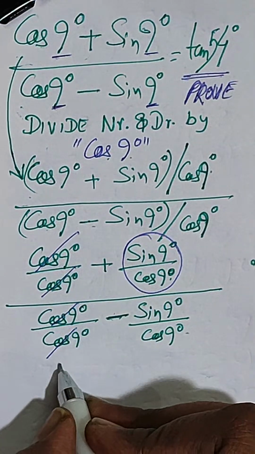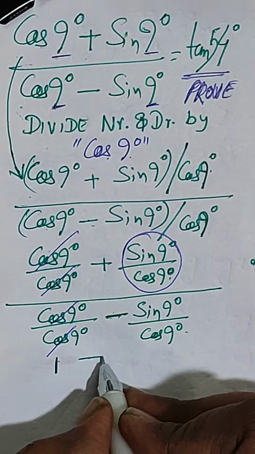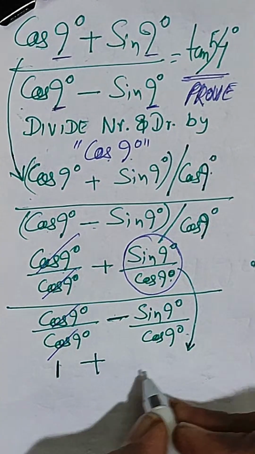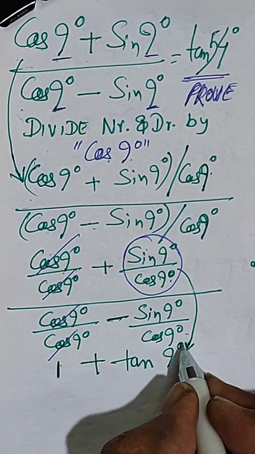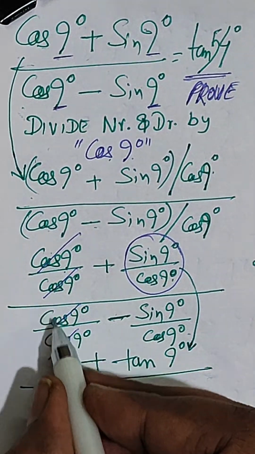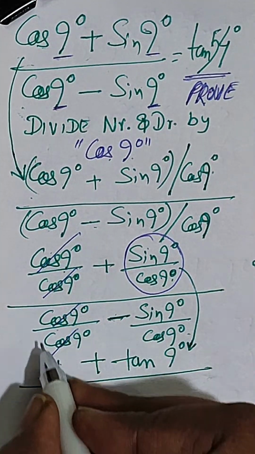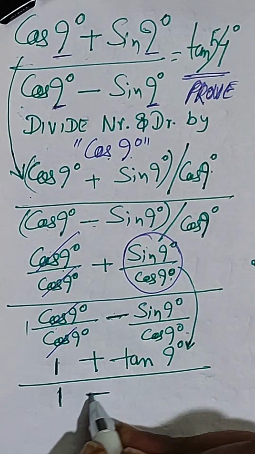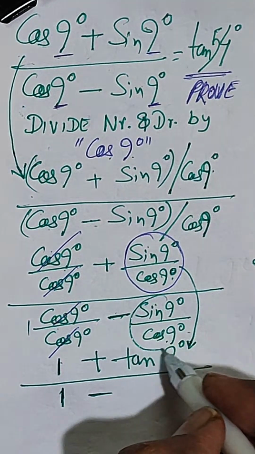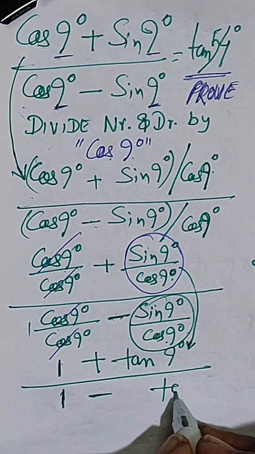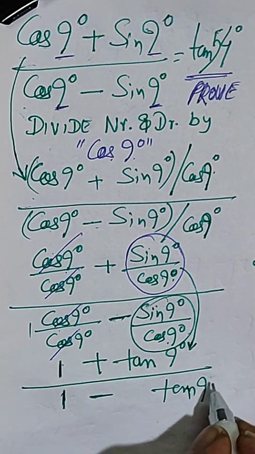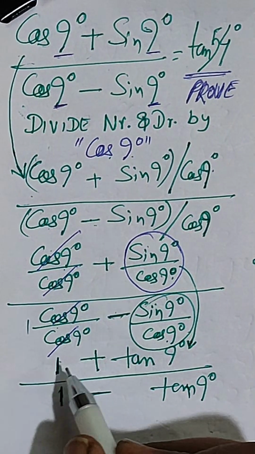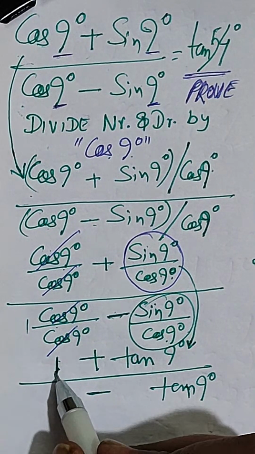So for the first term of the numerator, cos by cos is 1, and for the second term sine by cos is equal to tan 9 degree. Similarly, in the denominator cos by cos is cancelled out, so we are left with 1 only, so just write 1. Then minus sine by cos is nothing but tan 9 degree, right? But mind it, this 1 is the value of tan 45.